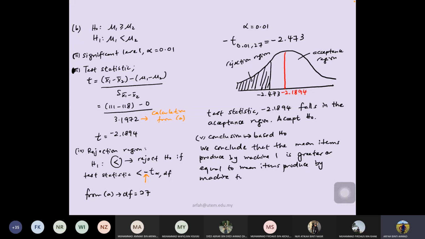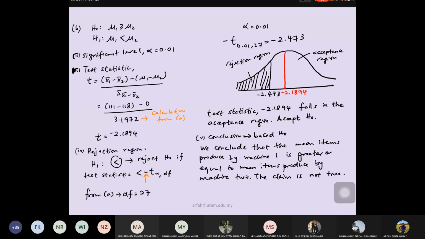Okay. So the claim is not true. Tu dia punya conclusion that can be drawn.